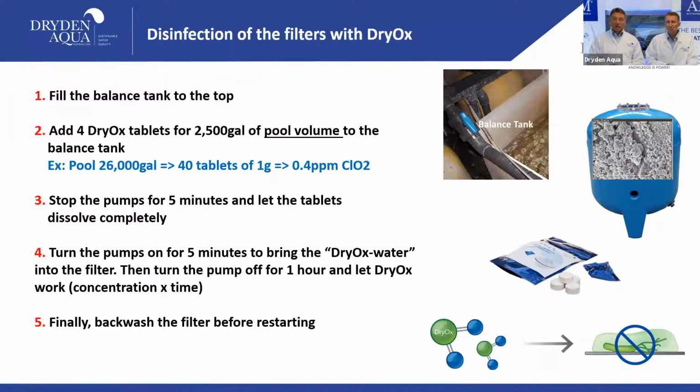There's nothing wrong with doing a combination with 2 or 5 ppm of chlorine. So the chlorine dioxide opens the biofilm, and the chlorine gives it the rest. The 2 punch. Okay, and then finally you backwash your filter properly, and you restart your system.